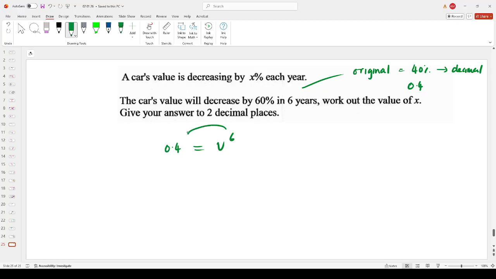So how do I take this to the other side? I find the 6th root. Someone said it, and I think they did it to the 60. What did you get, guys? The 6th root of 0.4. 0.0858. Let me just double check. Wow, I don't even have this option on my calculator.